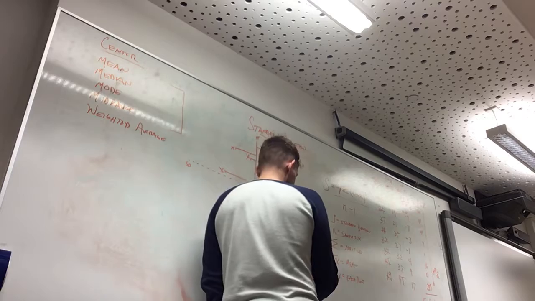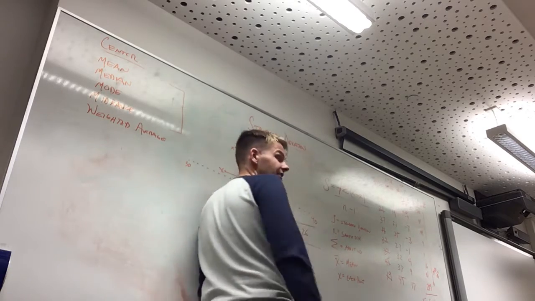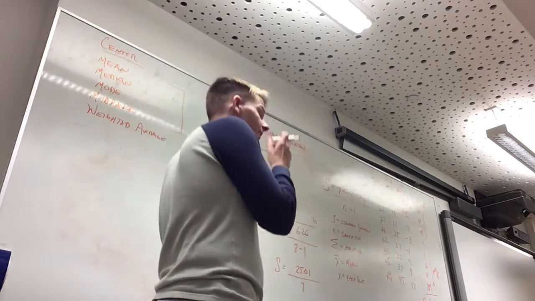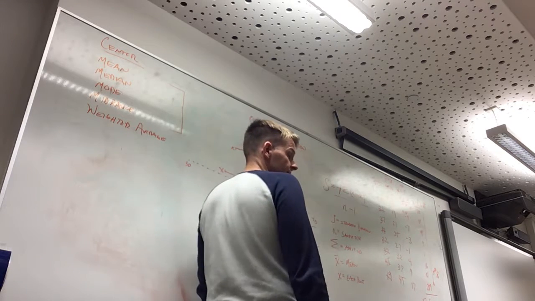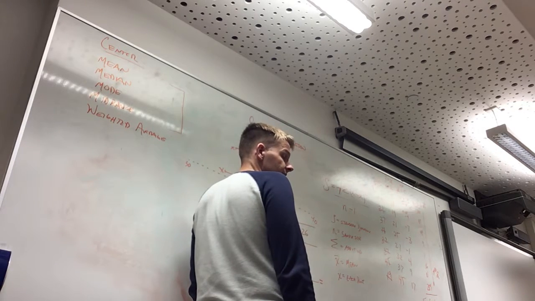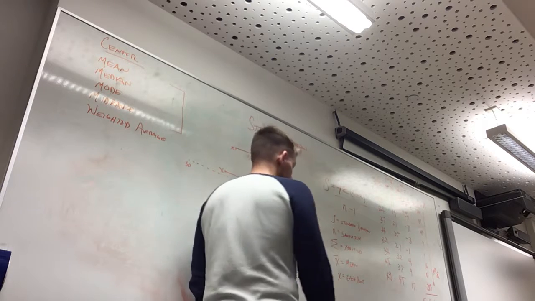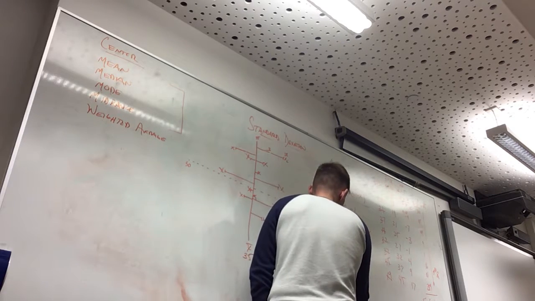Divided by 7. When you divide that out, what do you get? 3.57. Very good.